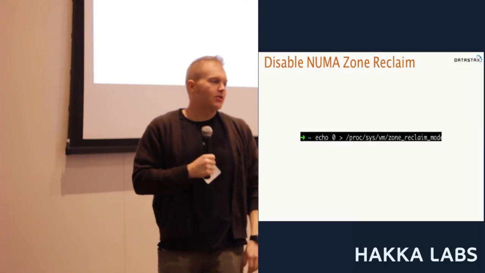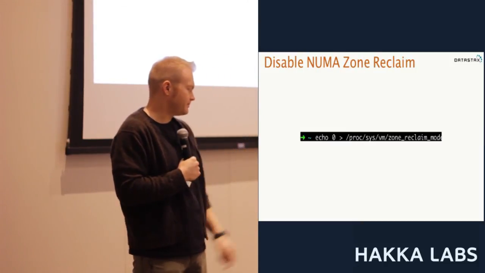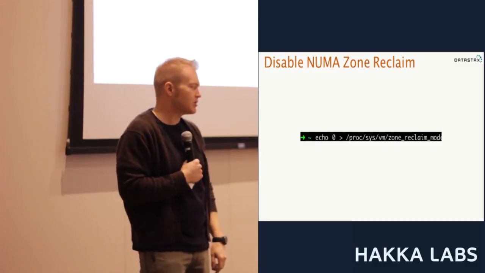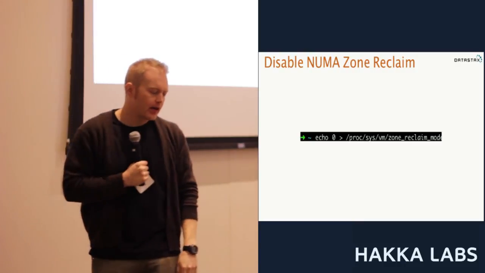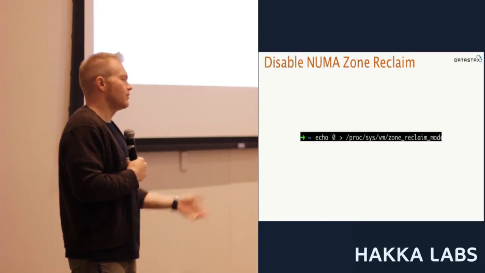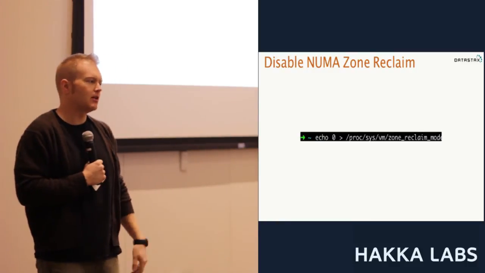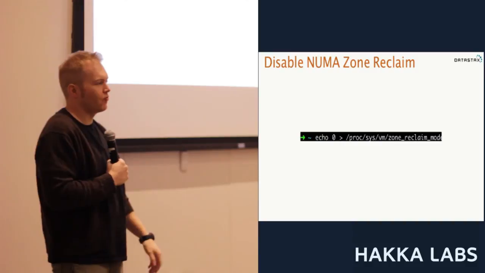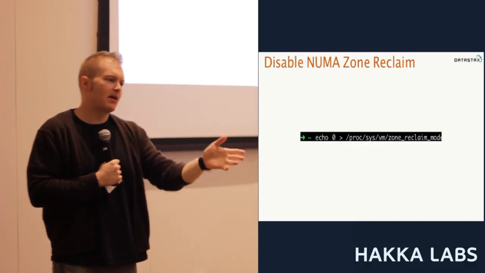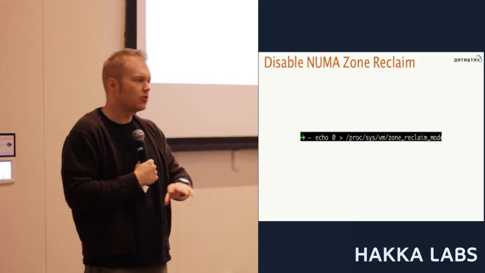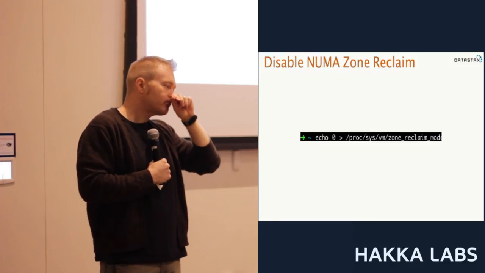Here's another thing about buffer cache that can get you in trouble. You have multiple sockets in a machine. Those multiple sockets have different memory controllers, and those memory controllers have chunks of memory allocated to them. You don't have a unified set of memory anymore.